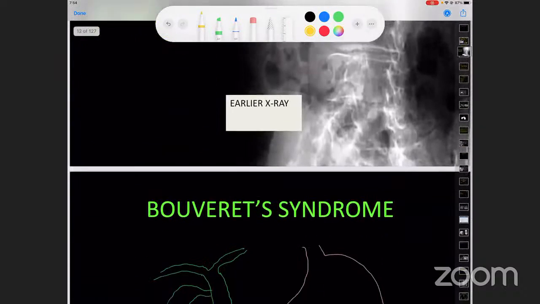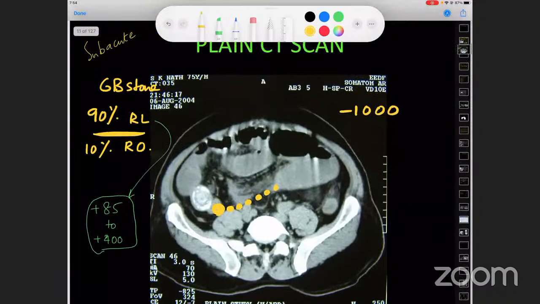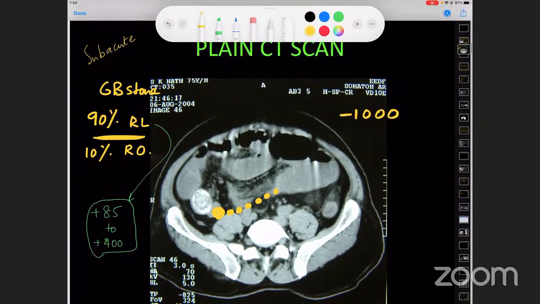Sure enough, he had gas in the biliary tree and in the gallbladder as well. But by that time, in follow-up, he became 76 and he had a cardiac problem, diabetes and chronic kidney disease. The family said he's completely asymptomatic, we don't want to do anything. That was the end of the story. But we have had occasion, Dr. Avik Bhattacharya has diagnosed cholecystocolic and cholecystoduodenal fistulas for us.